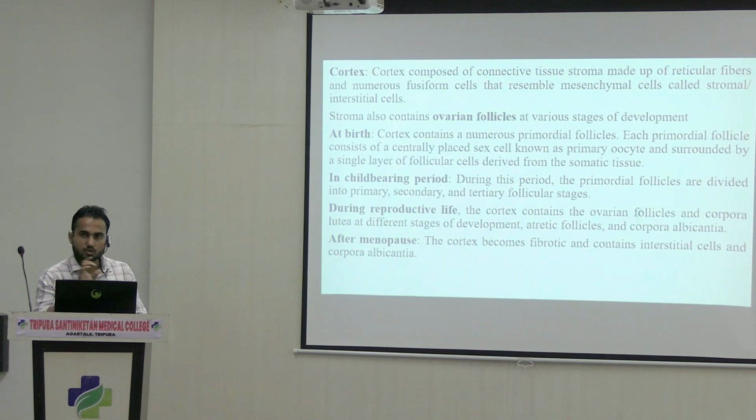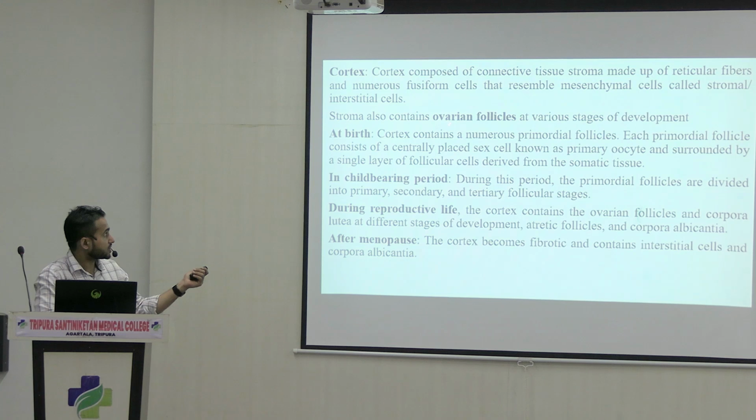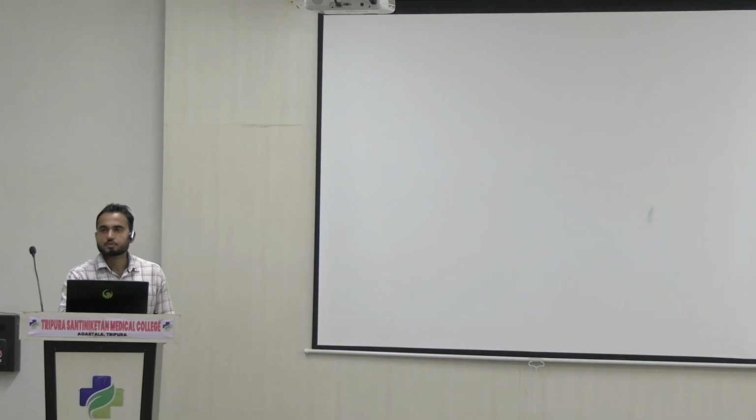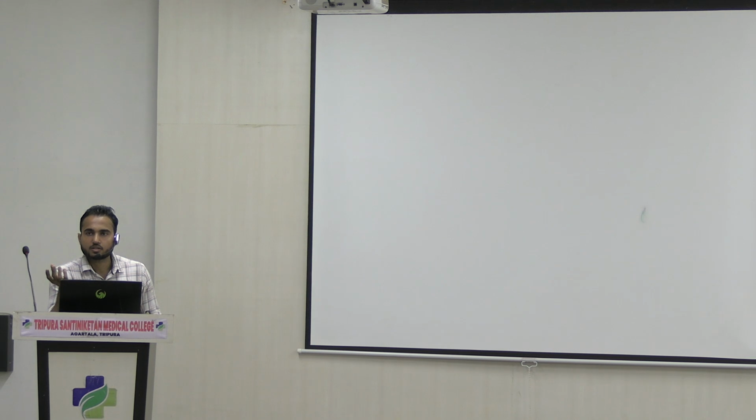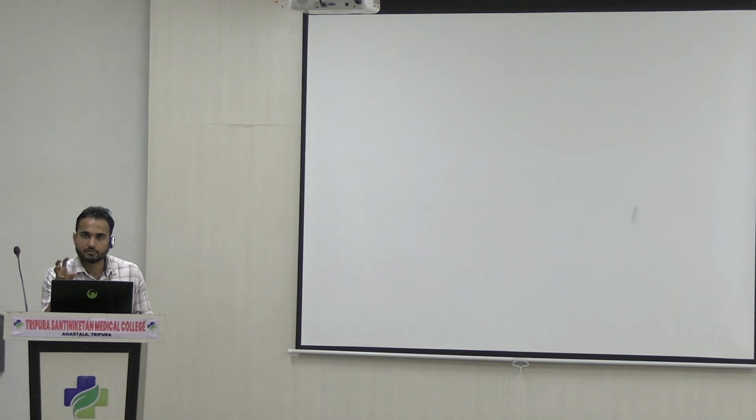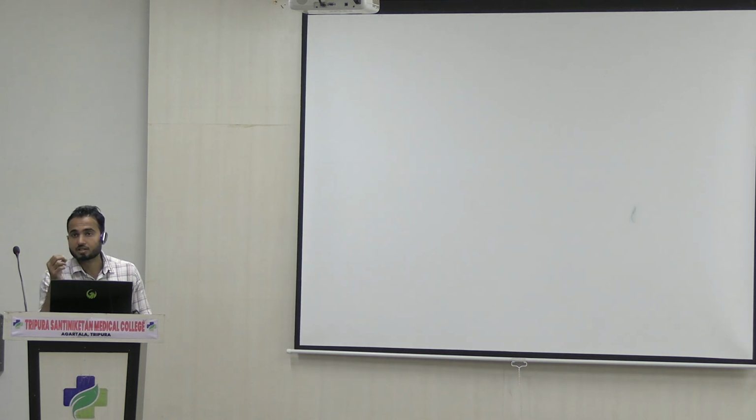Next, the stroma of the cortex consists of ovarian follicles at various stages of development. Just now I have shown you what is present in the cortex. First of all, the stroma of the cortex is made up of reticular fibers, and numerous fusiform cells are there, which are mesenchymal in origin. Along with that, the cortex also contains ovarian follicles at various stages of development.